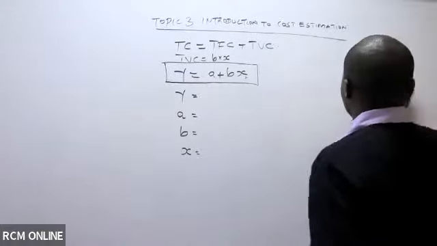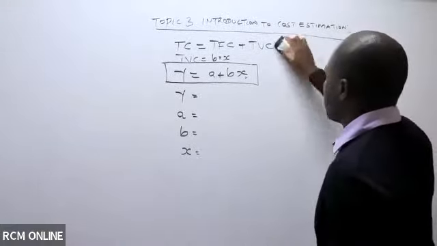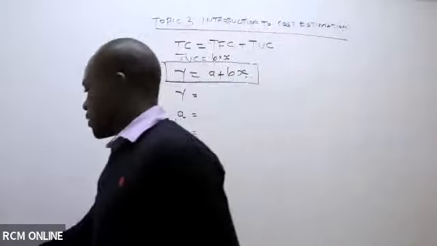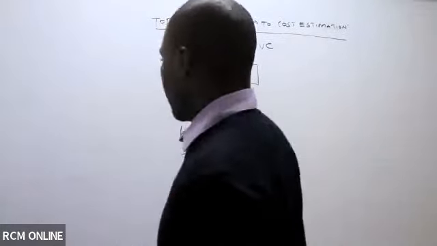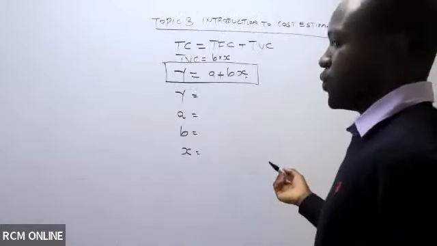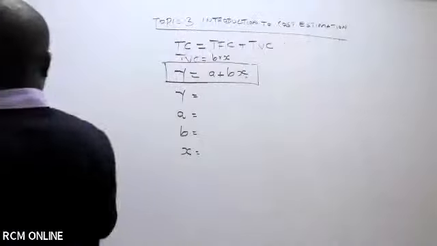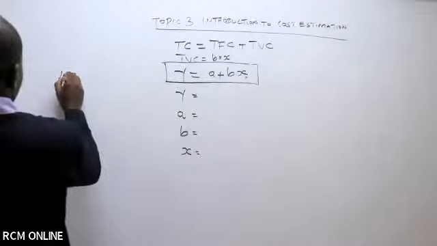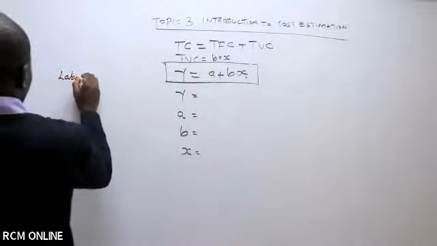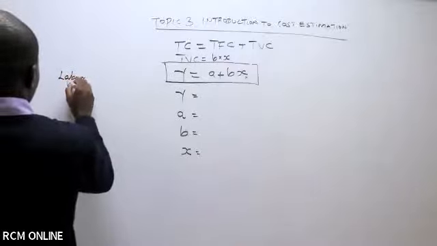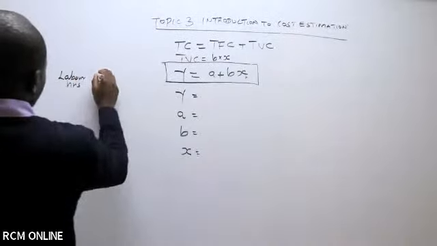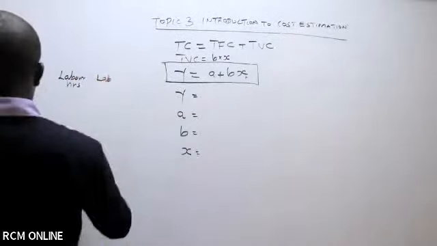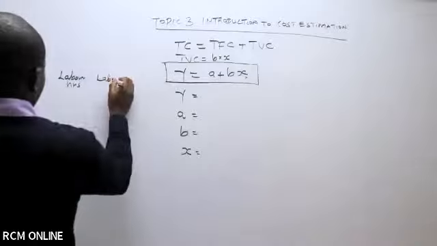So we need to understand what each of these items represents. And for us to explain that clearly, we need to move to this section here and have, for example, labor hours, and then we have labor cost.